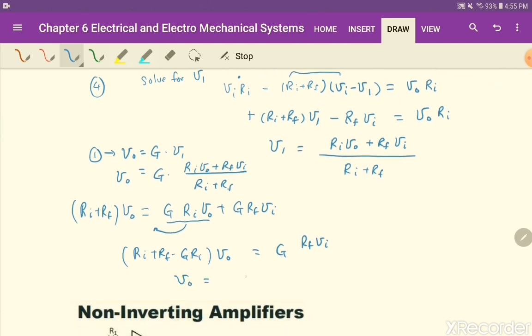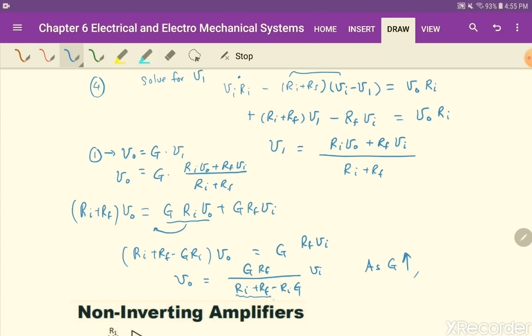So V out is G times RF times VI divided by RI plus RF minus RI times G. As you take a limit, as G increases, what happens?